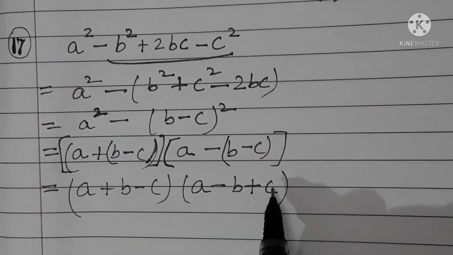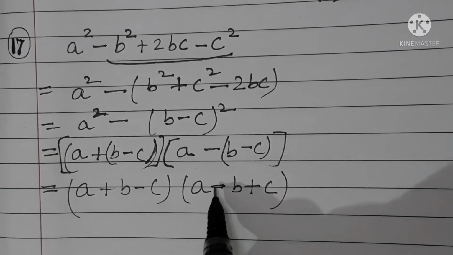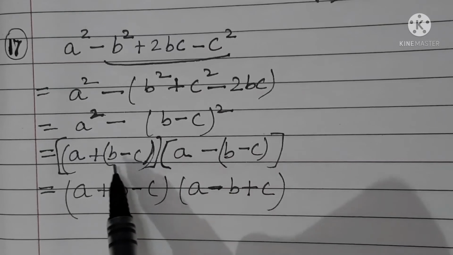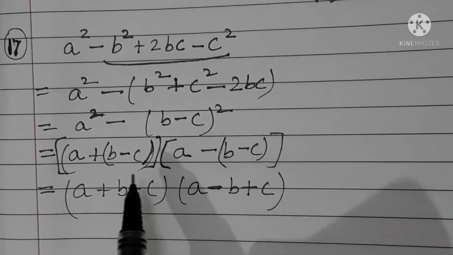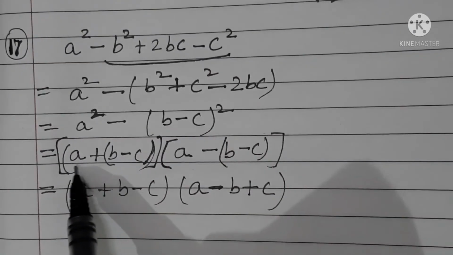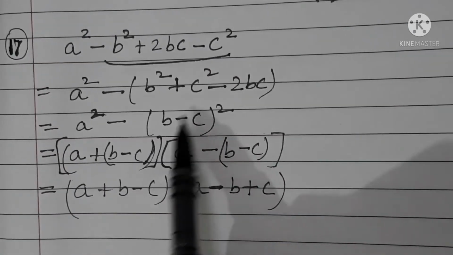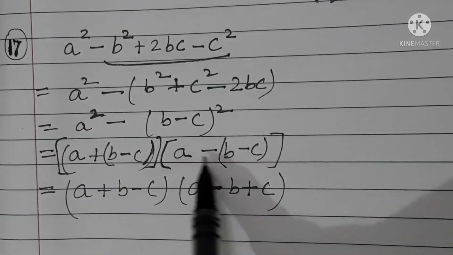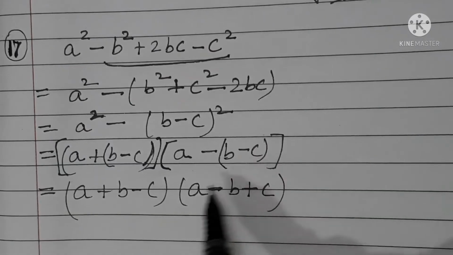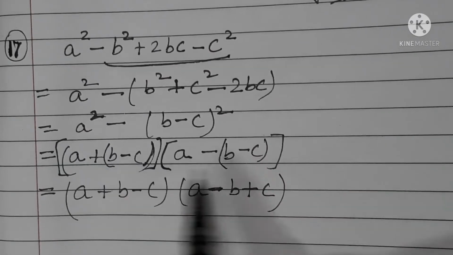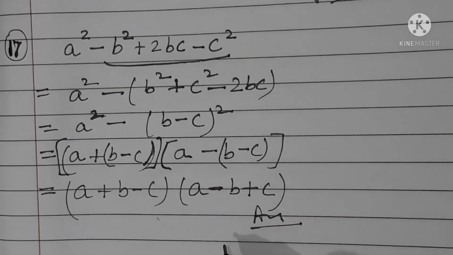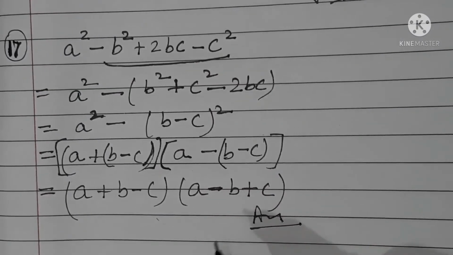I think all the students have understood why we put these two terms in brackets: we are using the identity a² − b² = (a + b)(a − b), where b means (b − c). So in the next step, we multiply the sign inside the bracket, and no mistake is there by you.